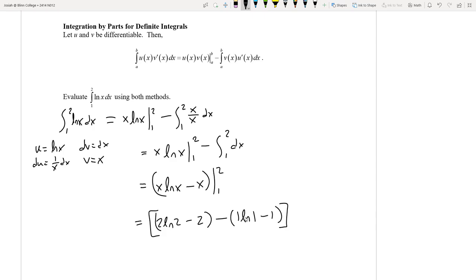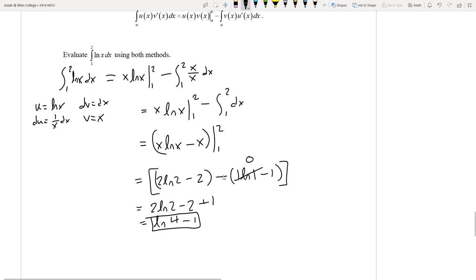Natural log of 1 is 0. So we get 2 natural log of 2 minus 2 plus 1. We can move the 2 on the outside to a power on the inside, so natural log of 4 minus 1. It looks like the notation is way different, but in reality our process is basically the same. It's just that at the end we are adding this evaluation step.